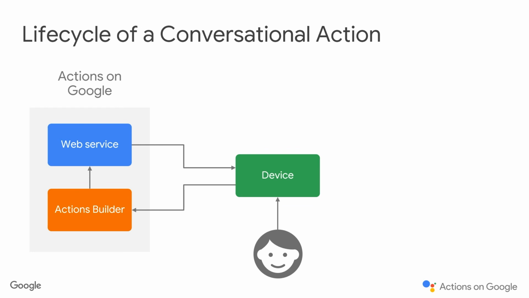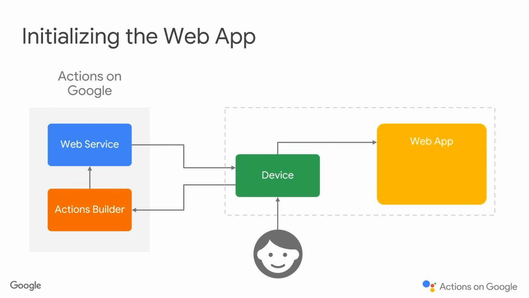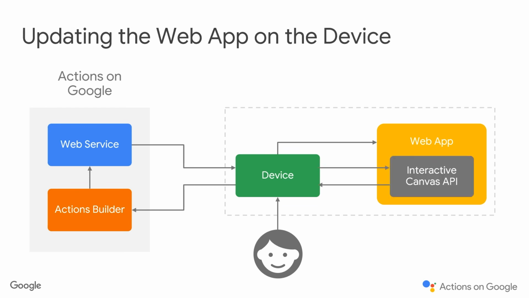And then the device, with that information, will make a call to your Canvas app and it'll initialize your web app. And in the web app, the Interactive Canvas API is initialized and sends the content to the device. And as users interact with your action, you can update and request data via your action and your web app.